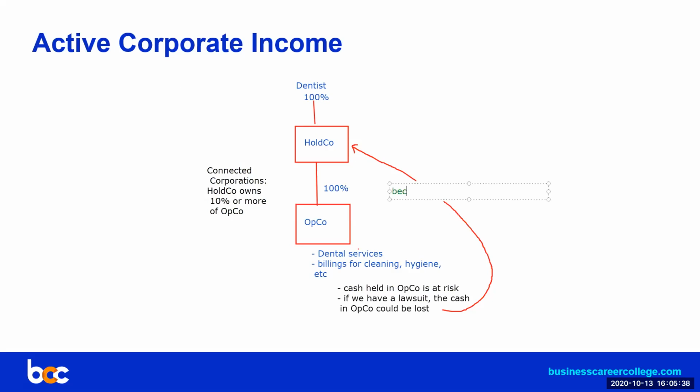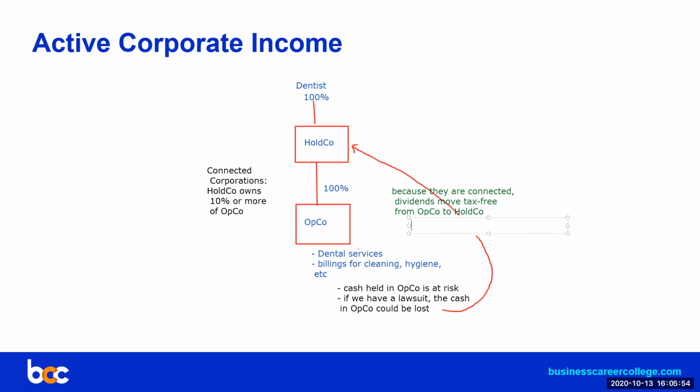Because they are connected, dividends move tax-free from opco to holdco. And they retain their structure.